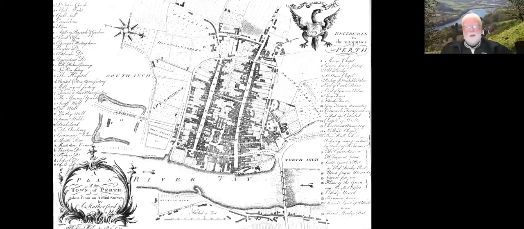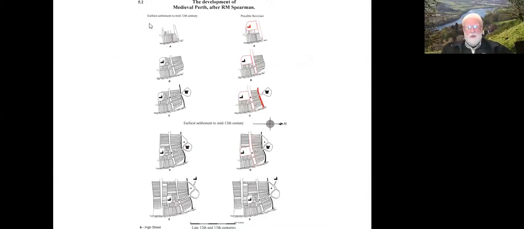That sequence of burgage plots makes it possible to suggest something of how the town has developed. Some years ago, a colleague of mine, Mike Spearman, worked out a sequence in which the town is expanding. On these plans, again, north is to the right of the view. There's the River Tay.